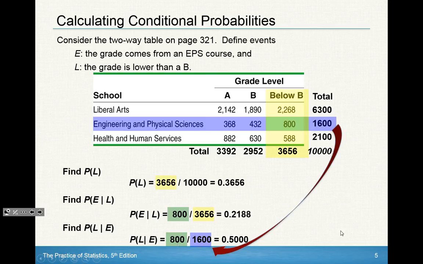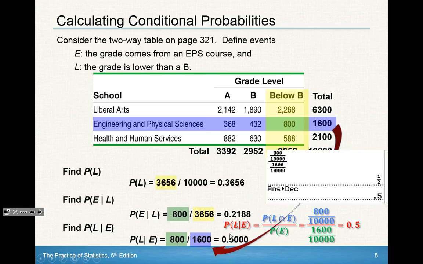Doing it the much more complicated way, again, I switched every A and made it an L, and then switched every B and made it an E from our formula. And then I did the probability of L intersection E. Notice that it's still 800 over 10,000 because E intersection L is the same thing as L intersection E. Where it changes is on the bottom here.